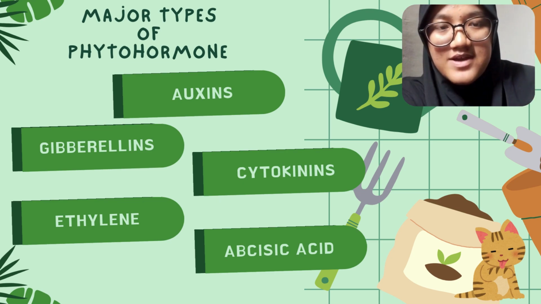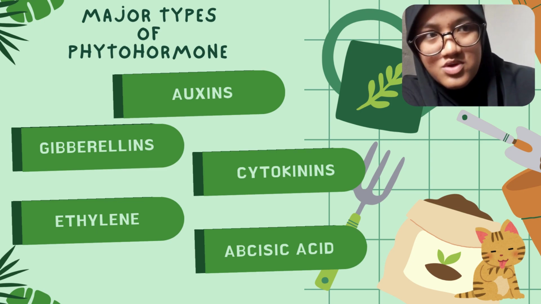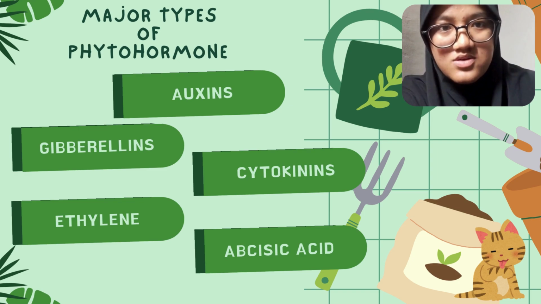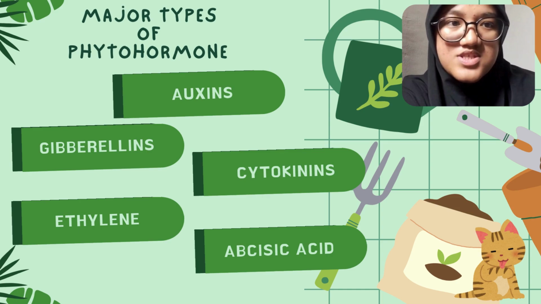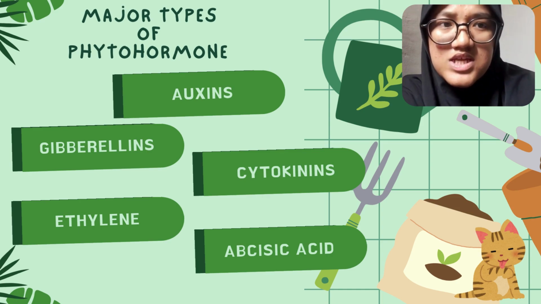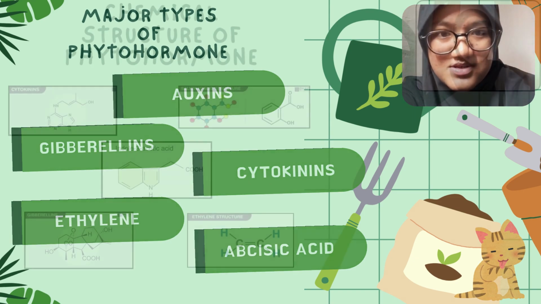These 5 types are considered the major phytohormones because they control most of the important growth, development, and stress responses in plants. Each one has a distinct and essential role in regulating plant life processes.